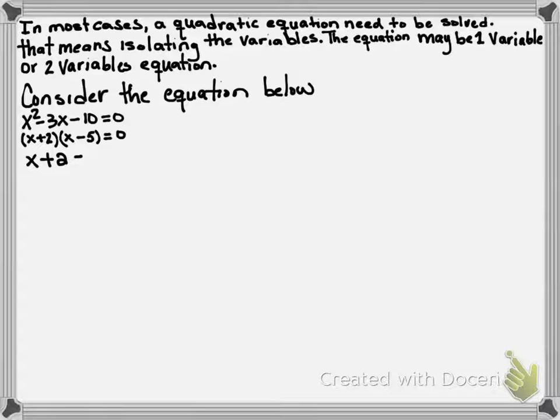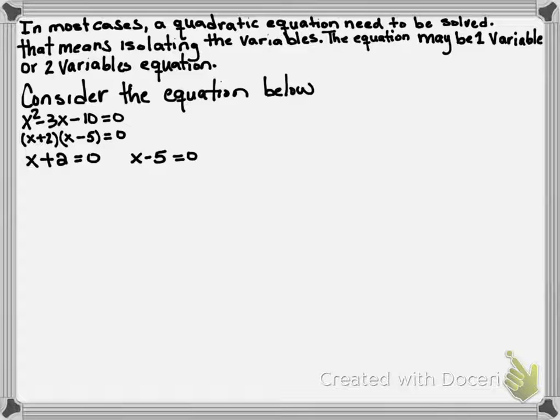Now, ladies and gentlemen, we're going to apply the 0 product property. What does that mean? If two things multiply to give you 0, that means one or the other equals 0 or both. So what we do with the expressions we have here that multiply to give us 0, we take the first one, set it equal to 0, and take the second one, set it equal to 0.